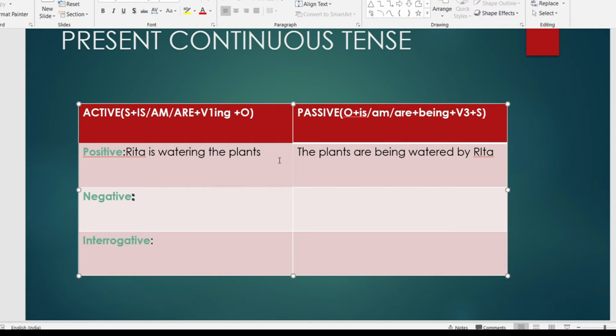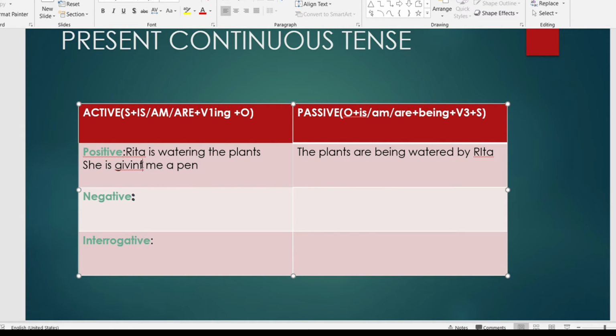Okay, let me give one example here to use am in the passive side. She is giving me a pen. She is giving me a pen.